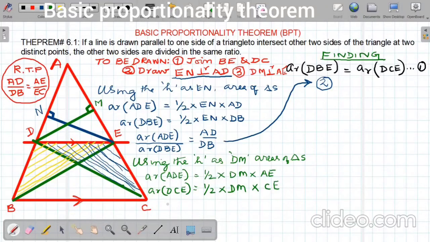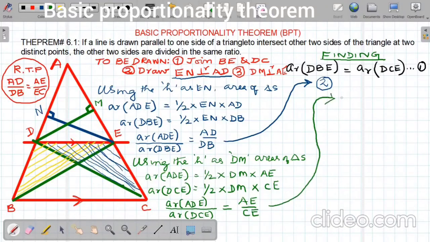Here again we divide: area of triangle ADE divided by area of triangle DCE is equal to AE by CE. This is our third finding.